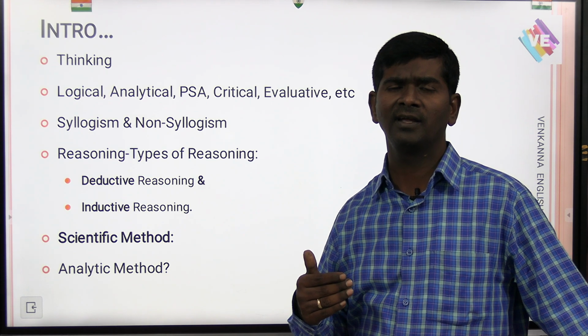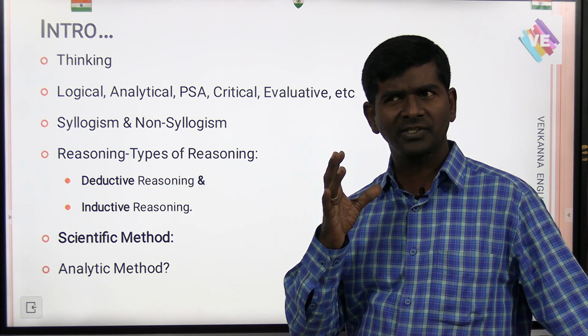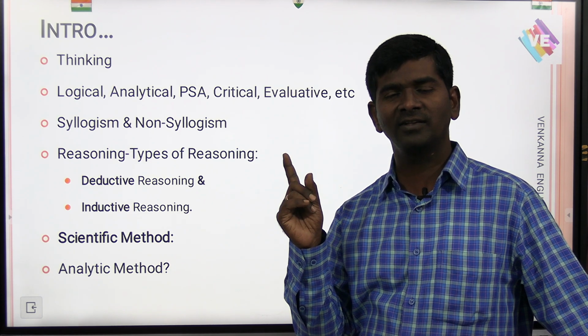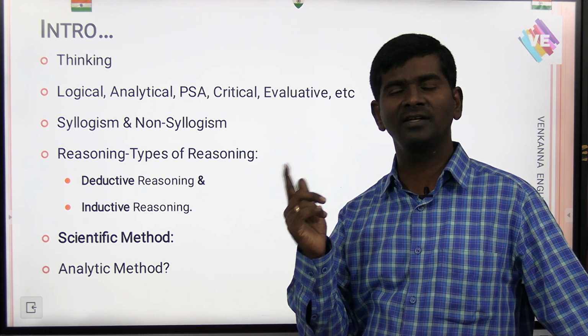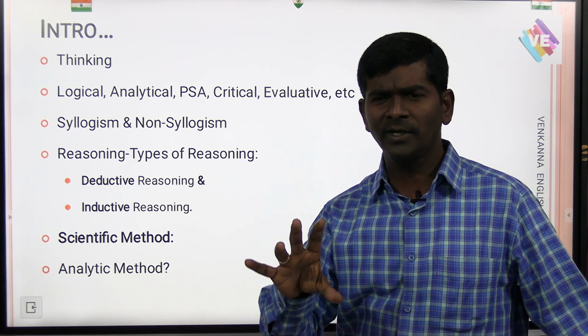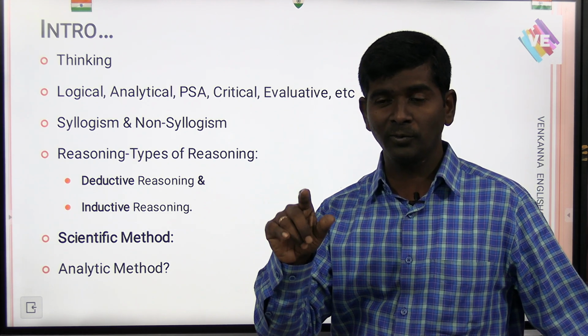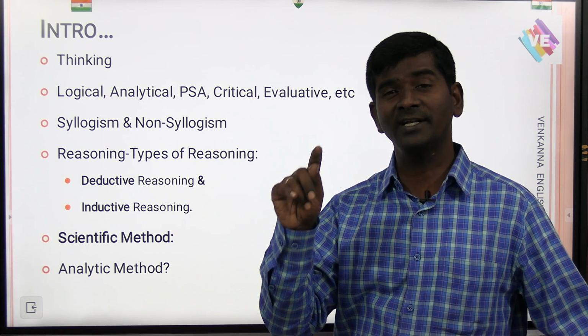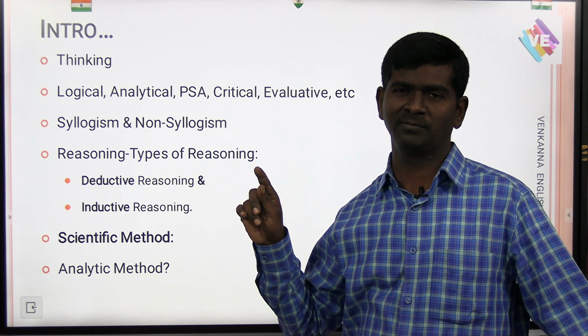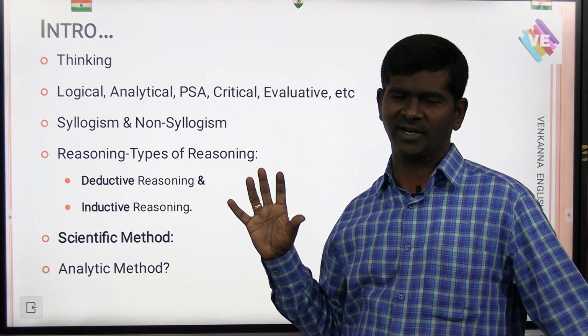One must have two important things: inductive reasoning and deductive reasoning. Friends, the more you understand this topic, the more you score good marks in reasoning. Deductive reasoning, inductive reasoning, syllogism, non-syllogism. So it is a very simple area, friends.